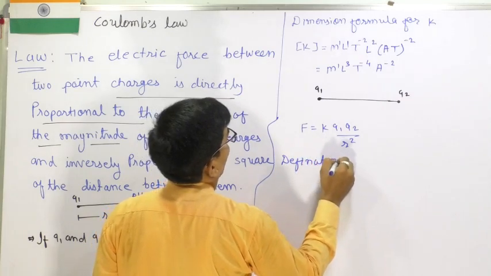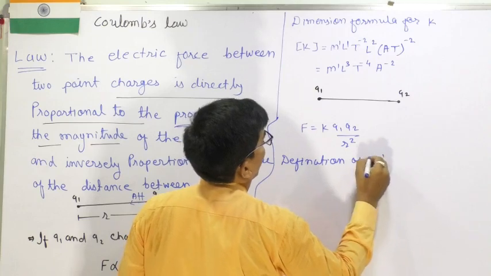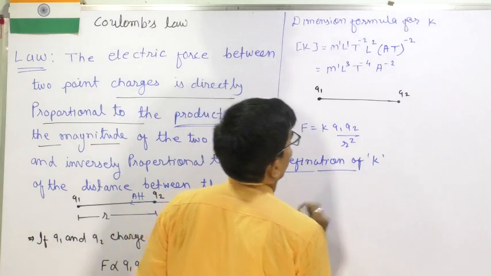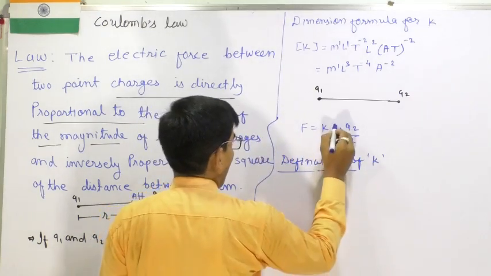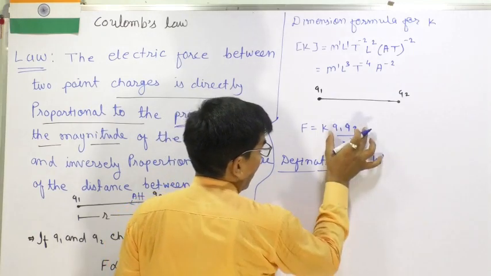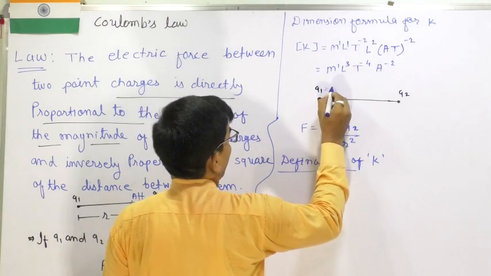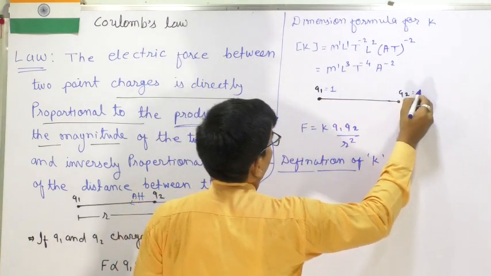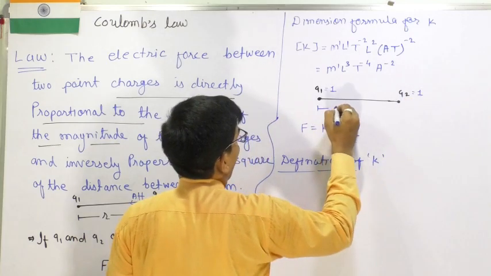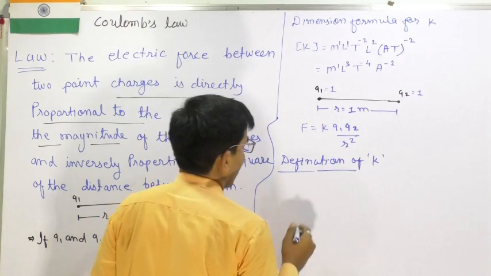Definition of Coulomb's constant, K. If we make these two charges unit, and this distance is also unit, Q1 is equal to 1 coulomb, Q2 is also 1 coulomb, and this R must be 1 meter.